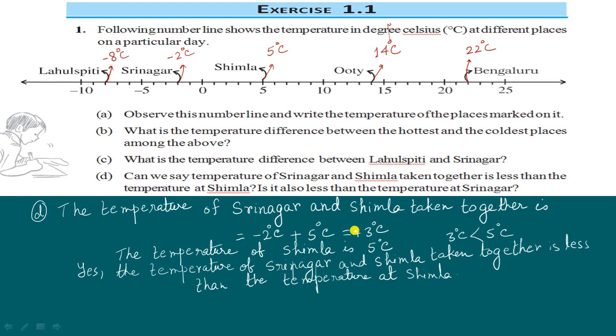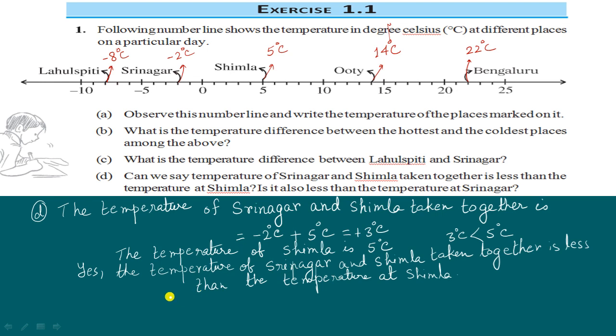Here you see the temperature of Simla is 5 degrees centigrade and the temperature of Srinagar and Simla taken together is 3 degrees centigrade. Since 3 degrees centigrade is less than 5 degrees centigrade, therefore can we say the temperature of Srinagar and Simla taken together is less than the temperature at Simla? Yes, it is.